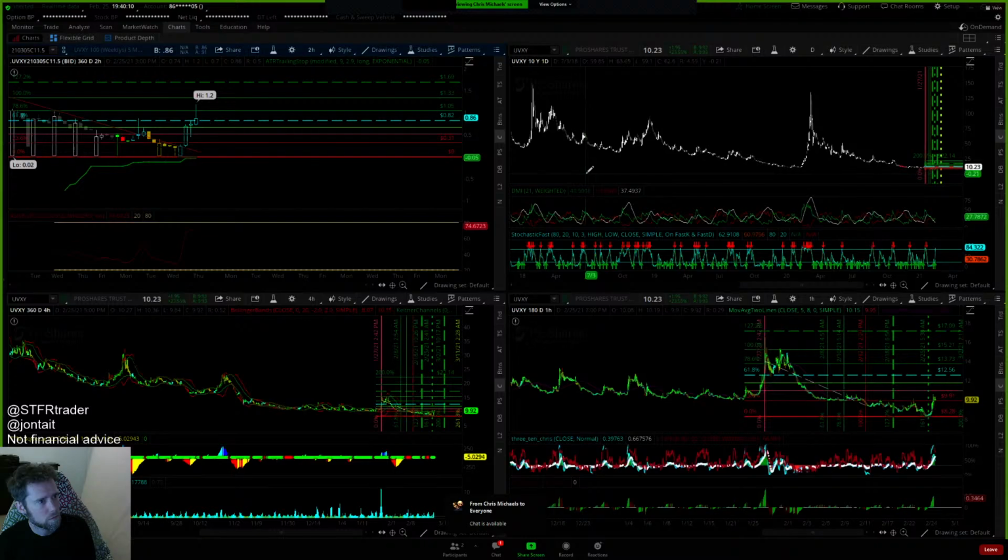So while the UVXY would be going down, if we were in a non-volatile environment, then the UVXY put would obviously be going up. So that's one thing that I do that provides me more information. As you can see, I'm using my fib time and price. I also use my fib time and price in my options chain chart because it works there also.